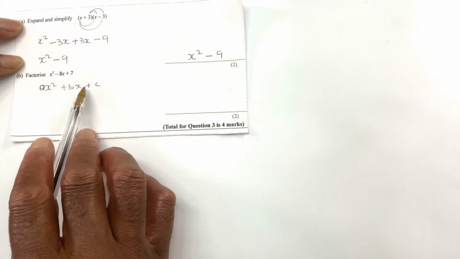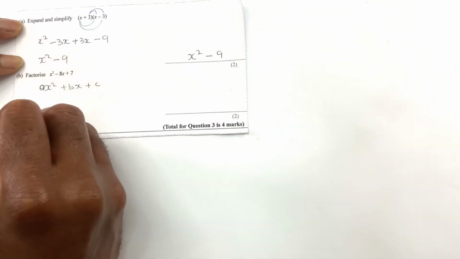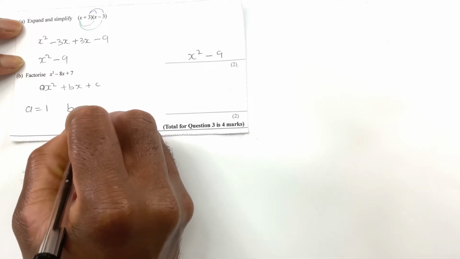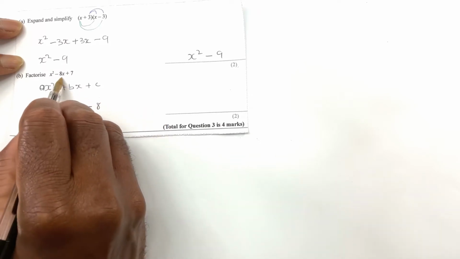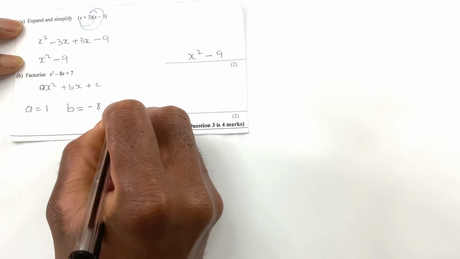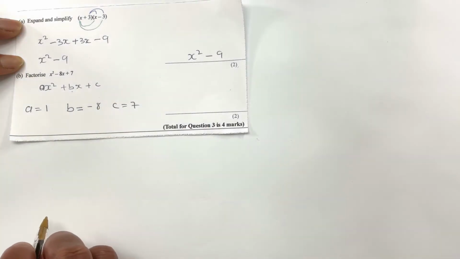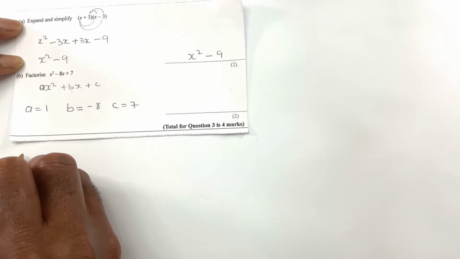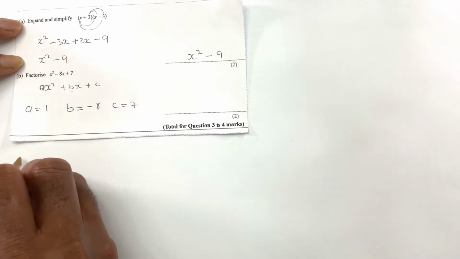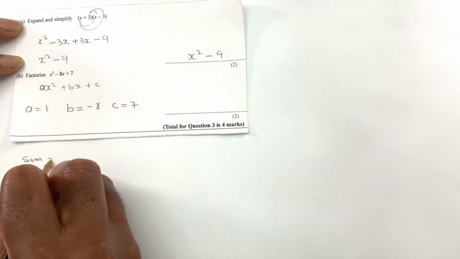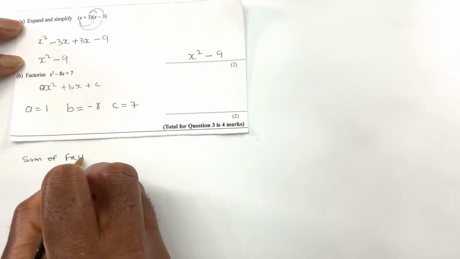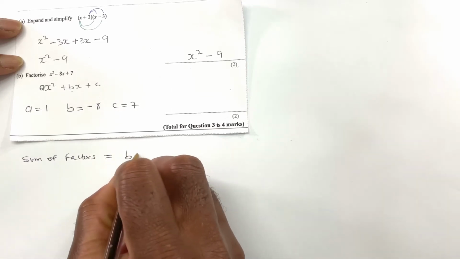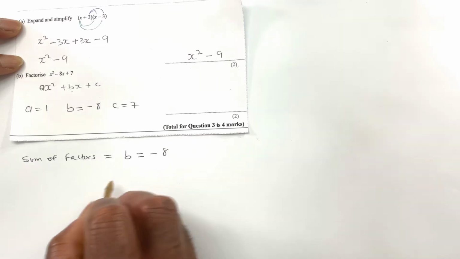The quadratic expression here has a equals 1, b equals minus 8, and c equals 7. So first thing I need to do is to find the sum of factors, and that has to equal b, which equals minus 8.